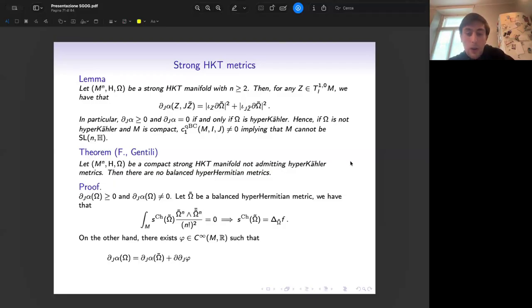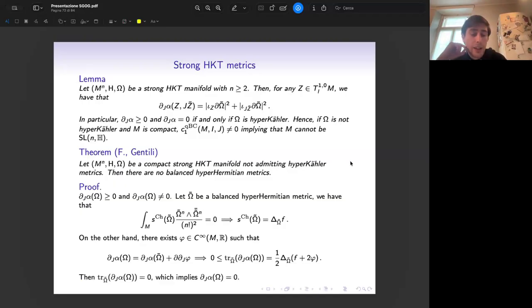So we can trace this equation with respect to the balanced metric. On the left-hand side, what we obtain is a non-negative function, and on the right-hand side, we have a Laplacian. So we can apply the maximum principle to say that everything has to be 0. So in particular, the trace has to be 0, but now using again the Q semi-positivity, this is possible if and only if ∂J of alpha is 0. And that's a contradiction.